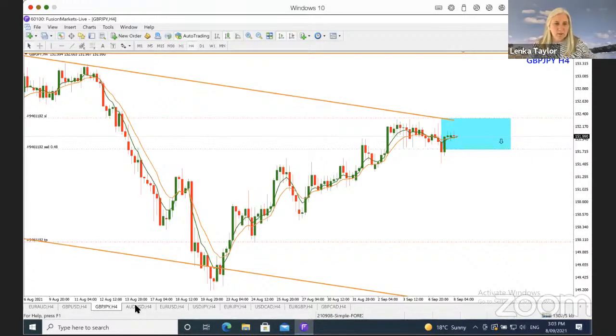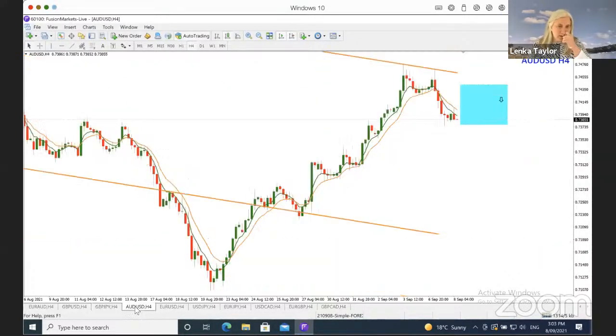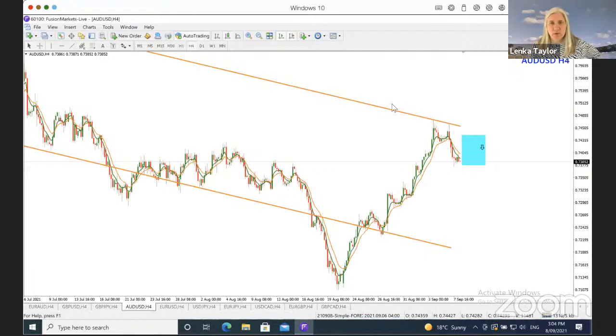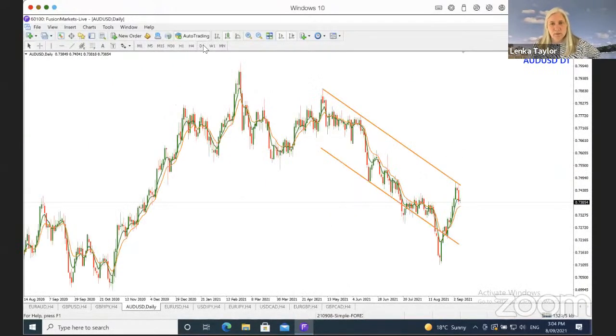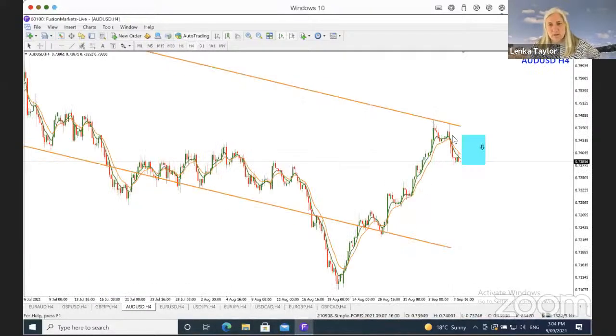Next currency pair I'm going to have a look at is AUD USD. I actually missed the trade off the top there. I'm looking for a short. This is on the weekly, where I'm looking at that channel, and at the moment I'm at the top of the channel. That's what it looks like on the daily. I would have liked to enter just there.